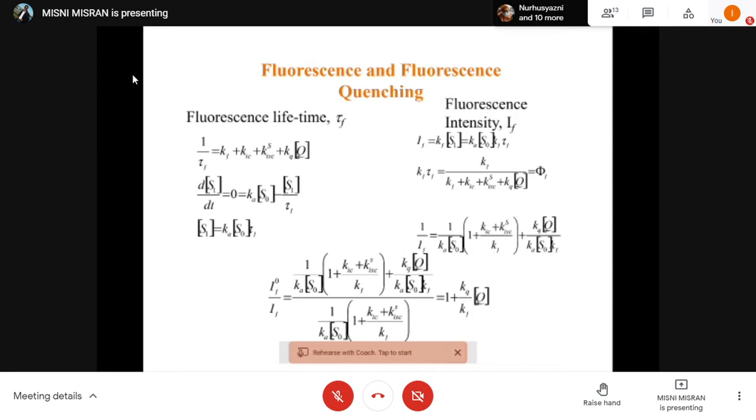You're talking about half-life, when the total amount or total intensity becomes half from T0, right? So we can find out the half-life quite easily.